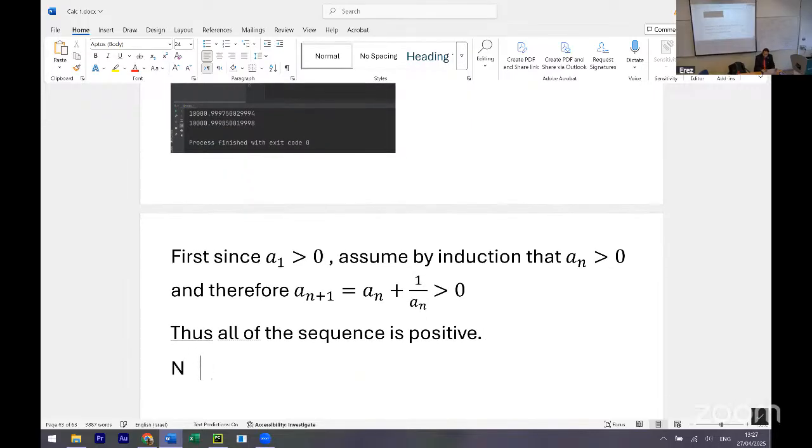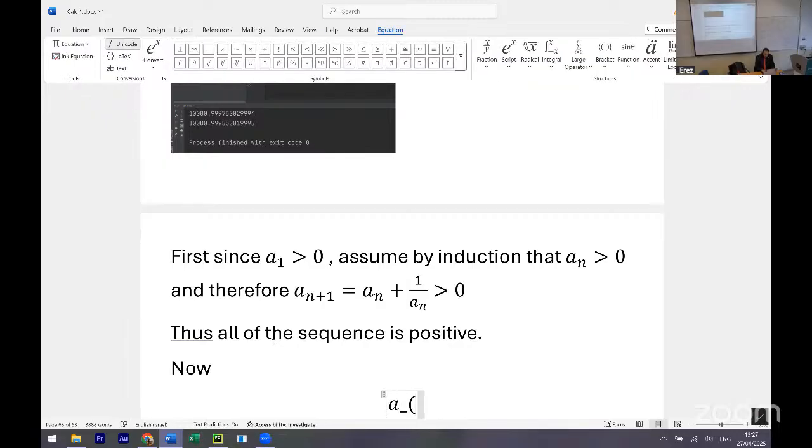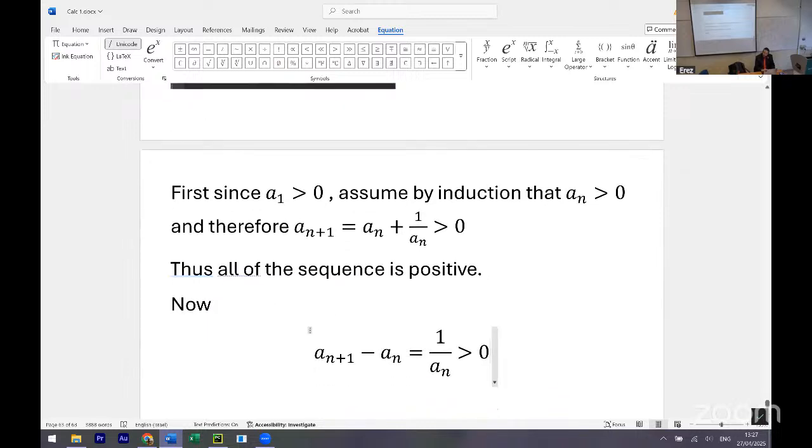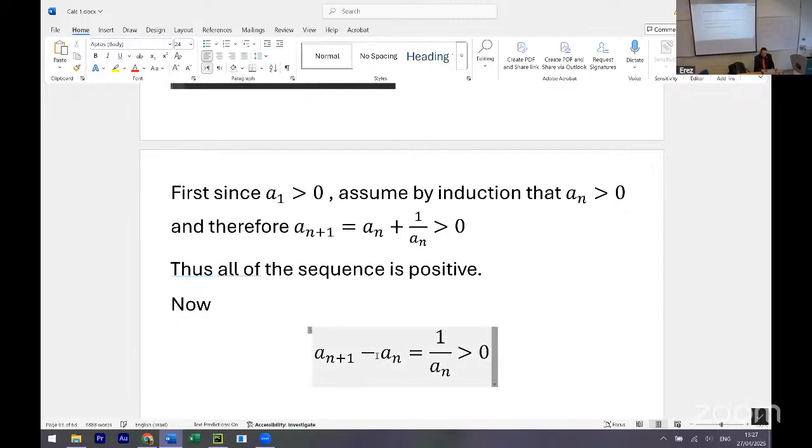Now, what is AN plus 1 minus AN? 1 over AN. What did I just prove? That this is positive, right? So what does it mean that the difference between AN plus 1 and AN is positive? Yeah, exactly.